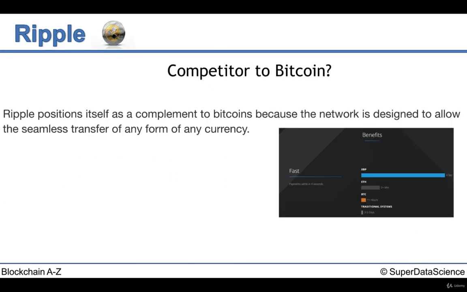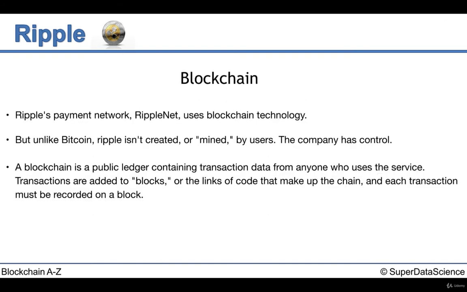And you may be wondering how Ripple compares to Bitcoin or how Ripple sees themselves, but Ripple actually has positioned itself as a complement to Bitcoin because you can use it for any currency. Remember we talked about earlier the currencies, commodities, you can exchange Ripple for any type of currency. And of course we have to mention blockchain. Ripple's payment network, RippleNet, uses the blockchain technology, but Ripple isn't mined.